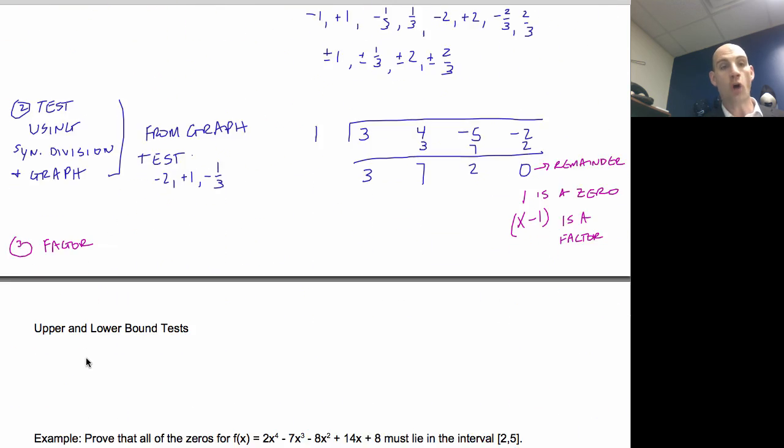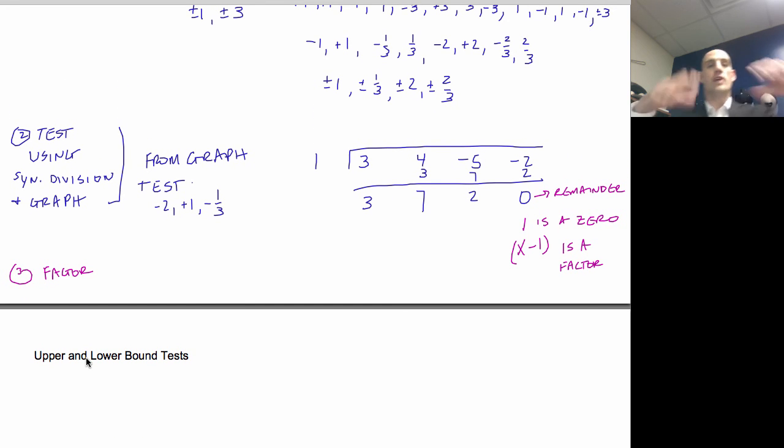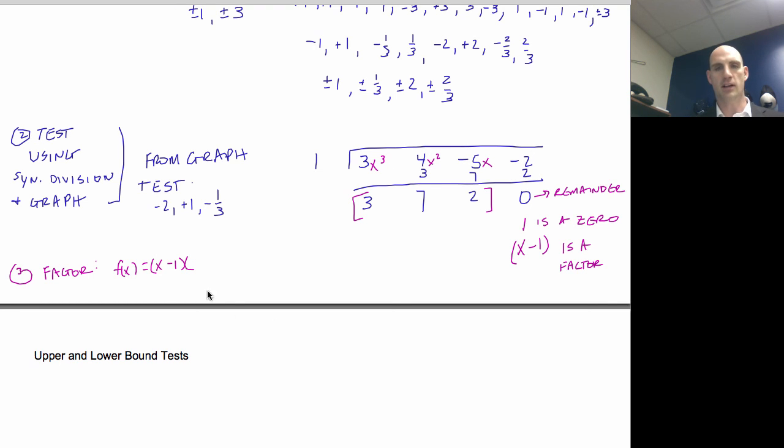And so if I know one of the rational zeros, I can create an expression, kind of like we did in the previous video. I can create an expression that's polynomials multiplied together. So f of x equals x minus 1 times what? Well, what's my leftover? If this is x cubed, x squared, x, and then my constant, this is 1 degree less. So this is going to be 3x squared plus 7x plus 2.